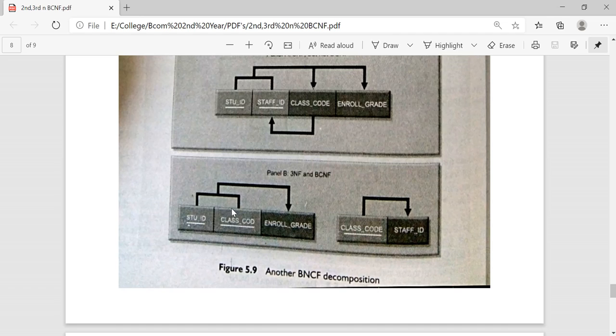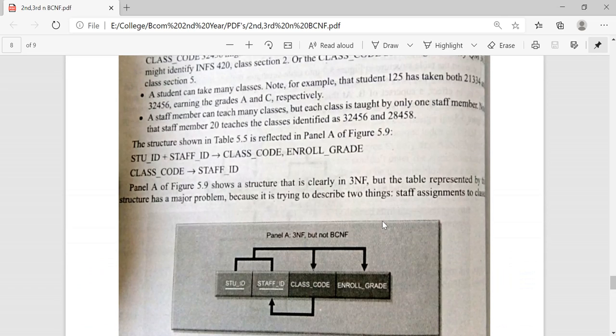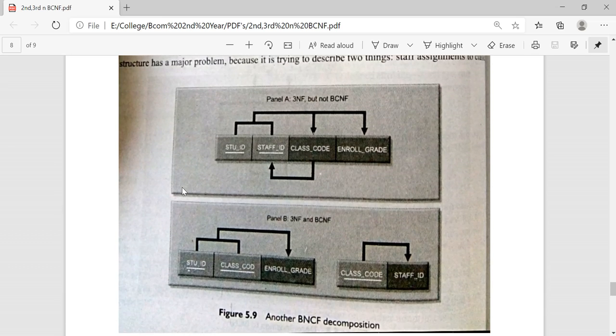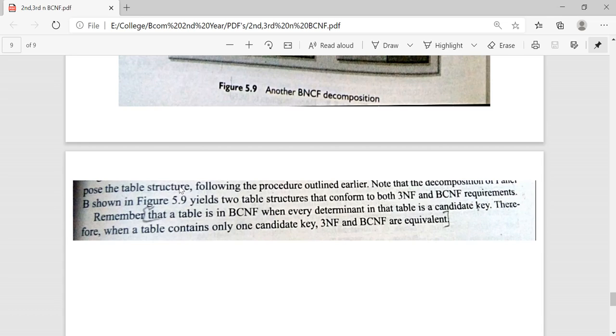So to remove a partial dependency, again you have to split the table. So student ID, class code, enroll grade is one table and class code, staff ID is another table. So this is how you can convert a table which is in third normal form but not in BCNF into a table with both third normal form and BCNF. Okay, it satisfies both normal forms.